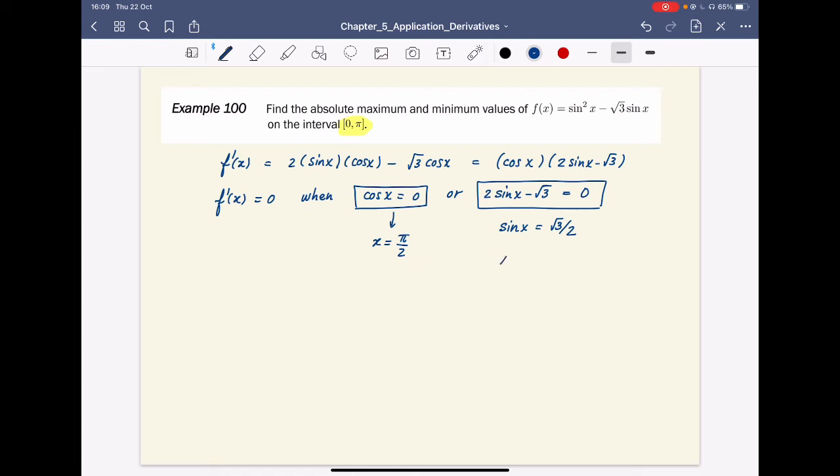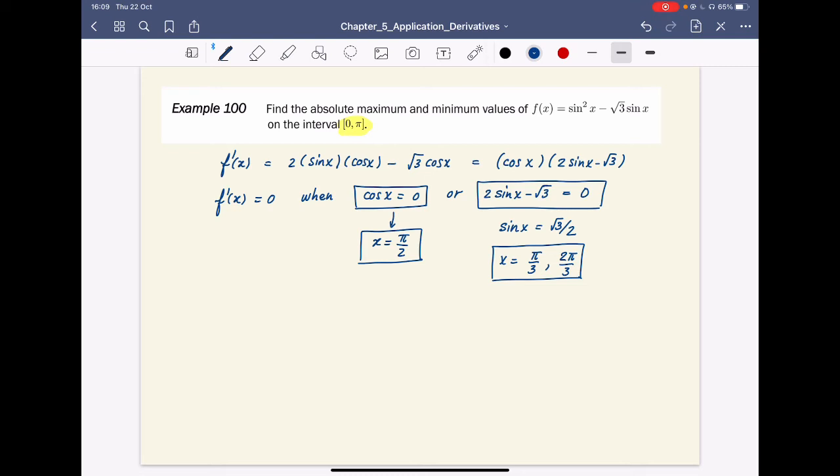So for sure, the first one is going to be pi over 3. Right? The next one is going to be 2 pi over 3. Right? Because when you solve the trigonometric equations, you have to be careful about the solution because sine function is positive in the first quadrant and the second quadrant. So you have to answer for x here.